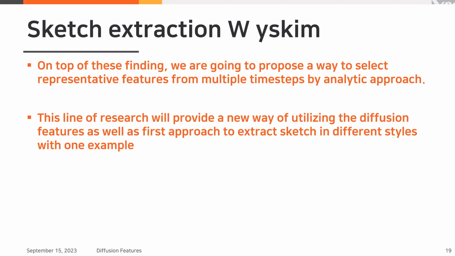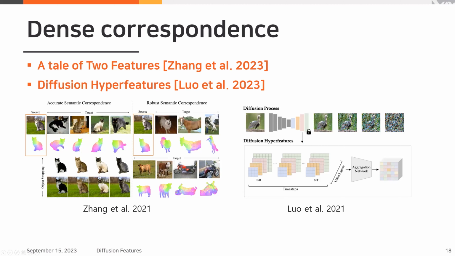And DINO is also trained with a large image dataset, but can have different features. In the paper Tale of Two Features, they tried to find the difference between the diffusion features and the DINO features.